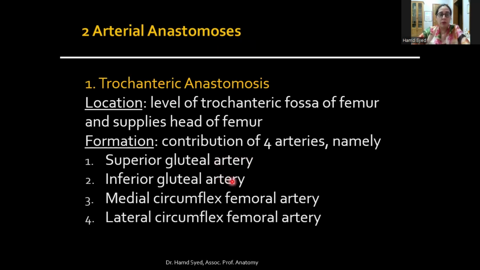As I mentioned before, the superior gluteal arteries are branches of the internal iliac artery. Medial and lateral circumflex femoral arteries are branches of profunda femoris, which is the deepest branch of the femoral artery. So this is how an arterial network is formed around the neck of the femur.